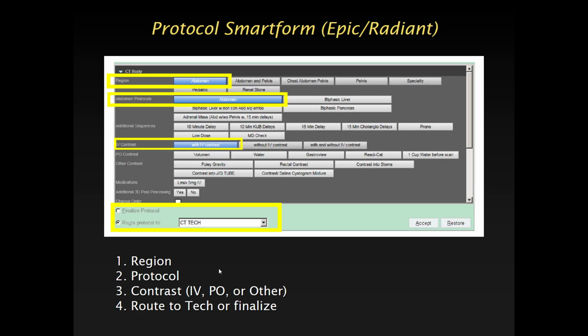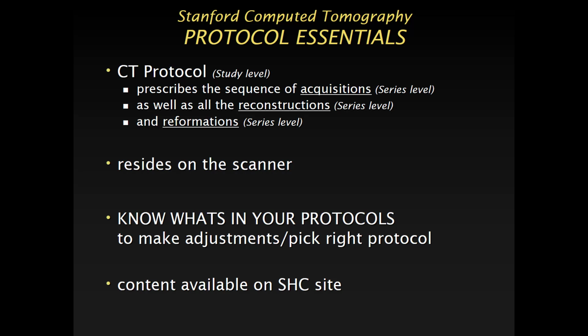It's relatively easy to click on each of those, and then once in a while you need to change something. Once in a while, if something is not ordered correctly, you may want to route it back to the technologists so they can change the order, for example. Sometimes for coronary CTAs, we often route them to the nurses actually, so they can take care of ordering the meds. So that's the practical aspect of how to do it in Epic.